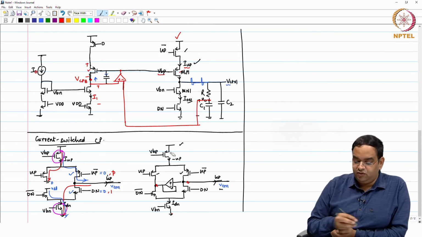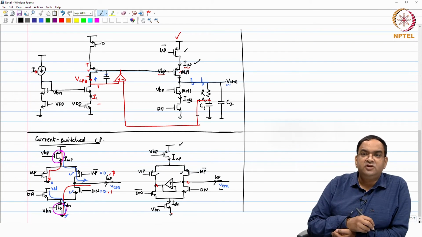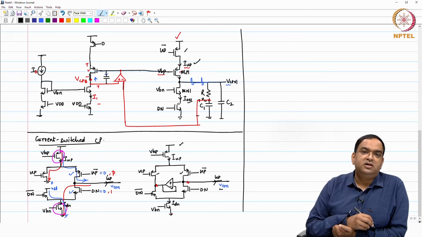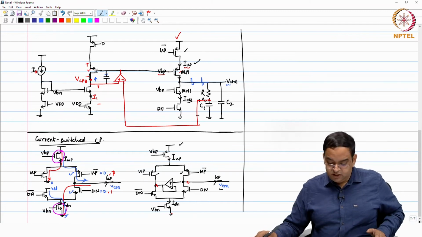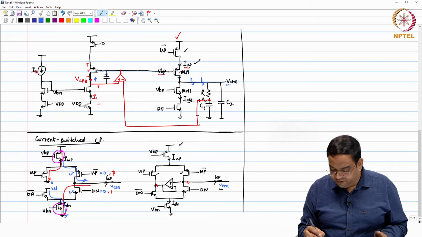So, that is one reason why you directly do not go for the current switch charge pump unless the speed is a problem or the small mismatch in the current is a problem. Okay. So, that is what we do. And now current switch charge pump, if you start giving big pulses like 0 to VDD, right.